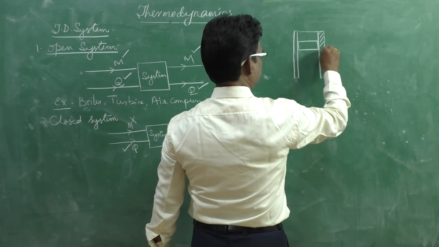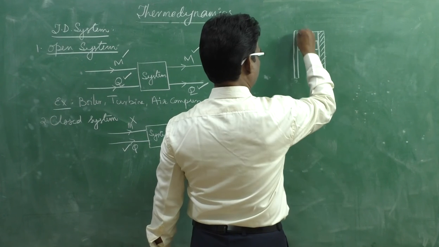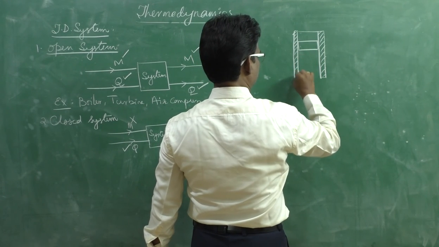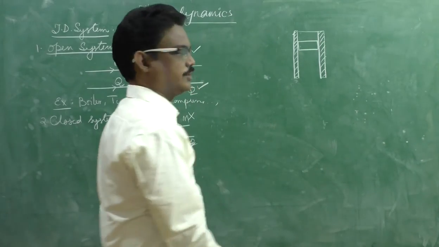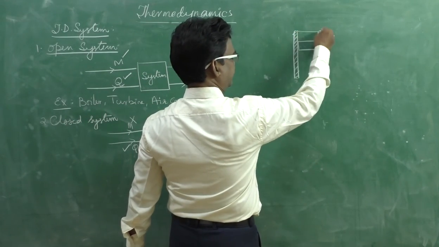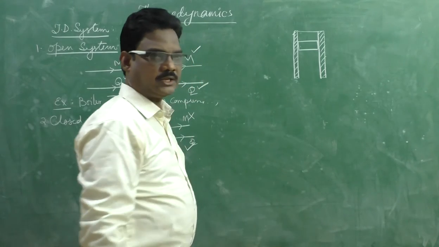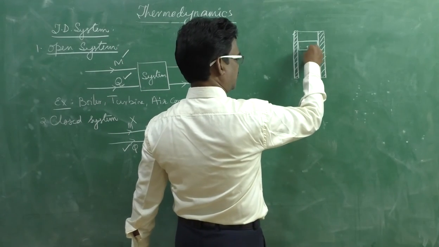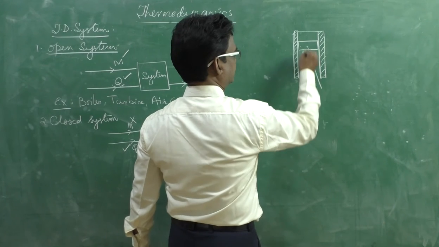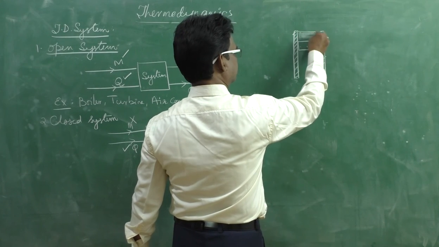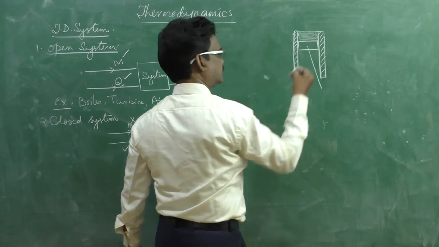That means there is no heat interaction from surroundings to system or system to surroundings. Right. This is the diathermic valve. That means heat entering is allowed. And this is the piston, and this is the connecting rod, okay? And a perfect gas inside, right?